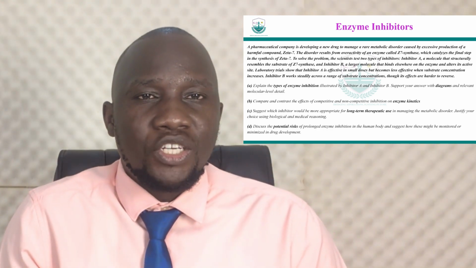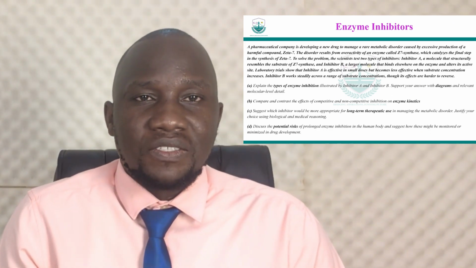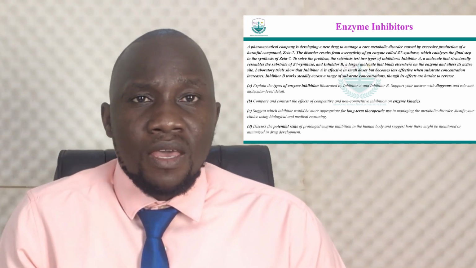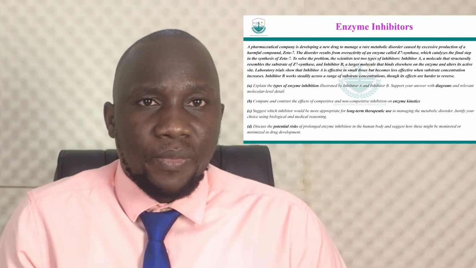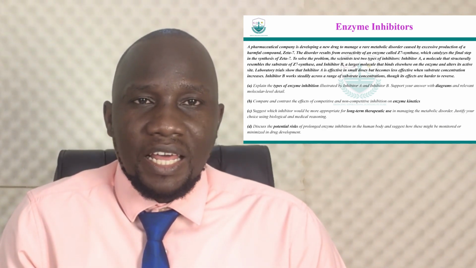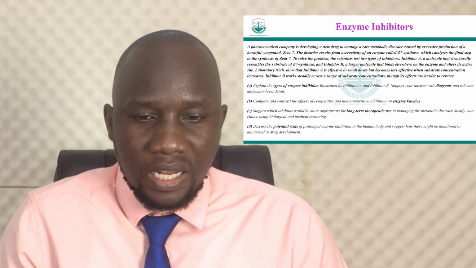Types of inhibition, and we need to relate them to the scenario, whether it is inhibitor A or B, that is competitive or non-competitive. So what we basically need to look for is that if it is competitive, it has to be like the substrate. So in this case, which one looks like the substrate?